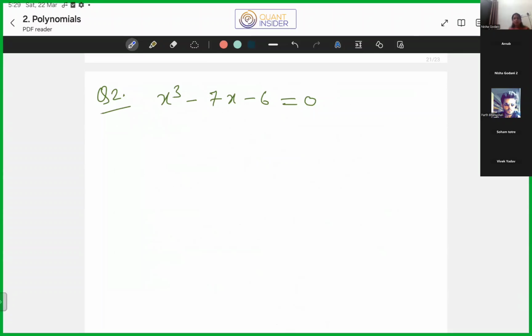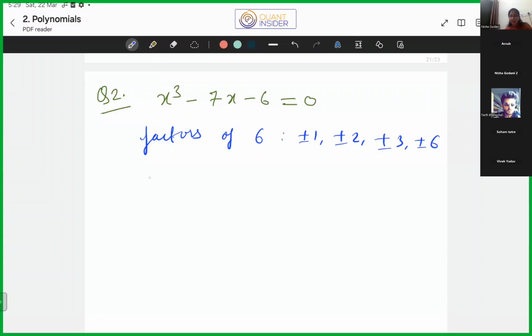Write the factors of 6. Can you tell me? Factors of 6, yes, Kiran, but not only positive. 1, 2, 3, 6, you are right, but plus minus both. So plus minus 1, plus minus 2, plus minus 3, plus minus 6. Now you can check.